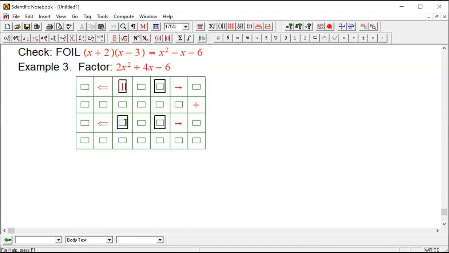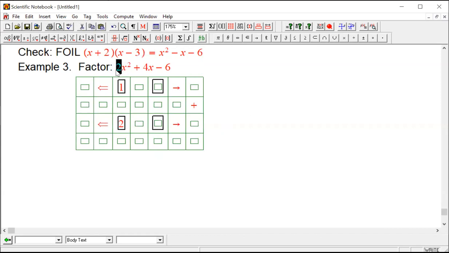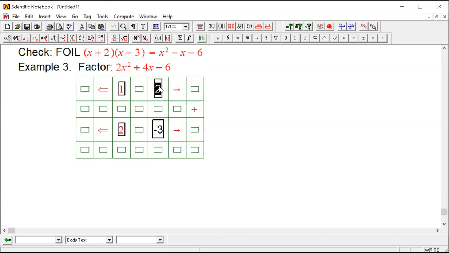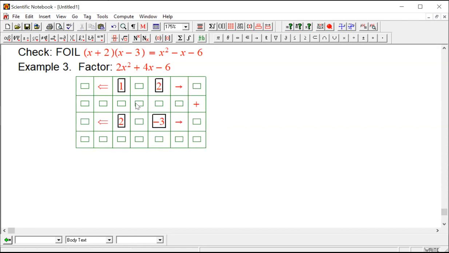So let's try 1 times 2 first. 2 is equal to 1 times 2, and -6 is equal to 2 times -3. How about we just try that? We still use the cross product. We're still multiplying this way, cross.